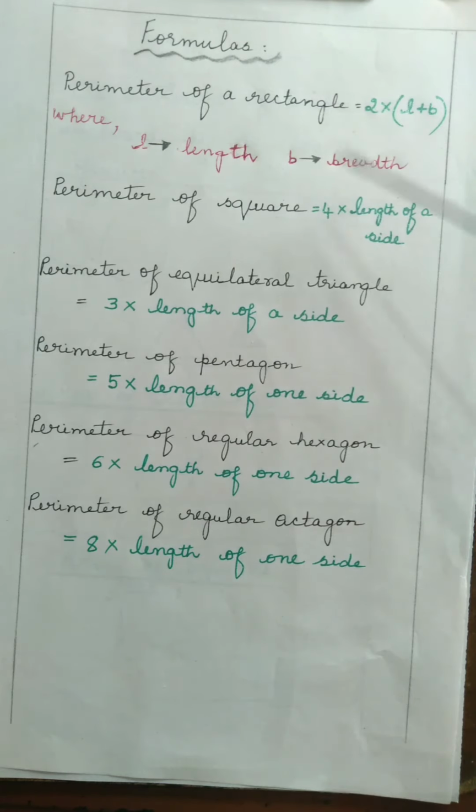This square and equilateral triangle are some examples of regular closed figures. Square, equilateral triangle, regular hexagon, regular octagon, they are all examples of regular closed figures.